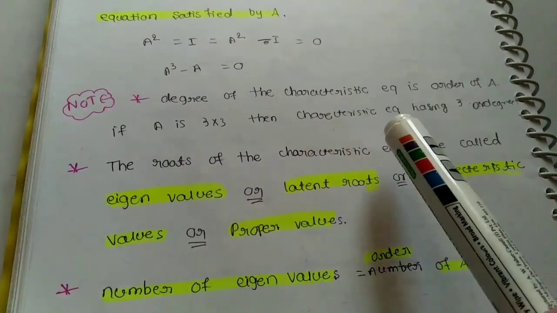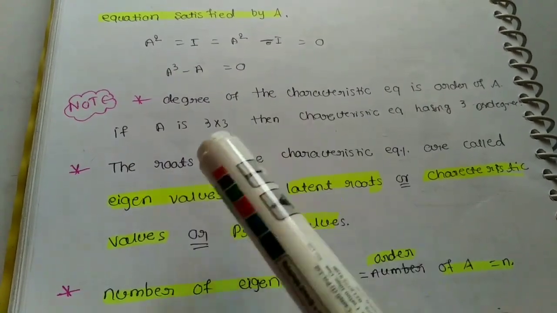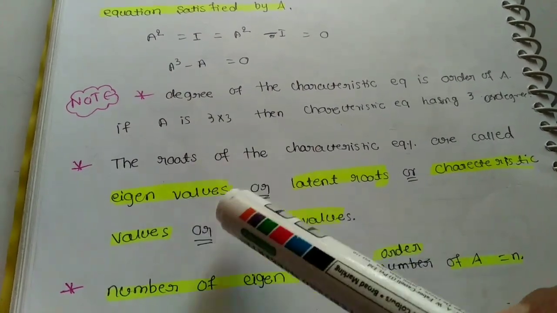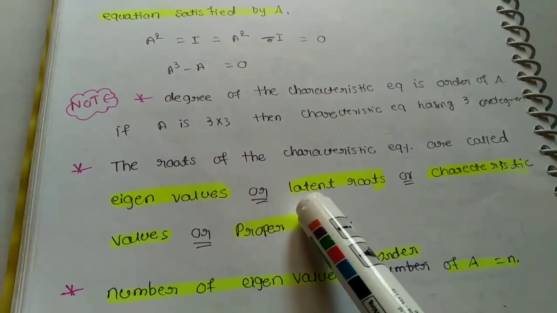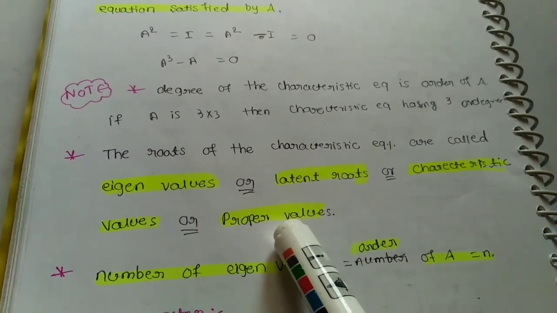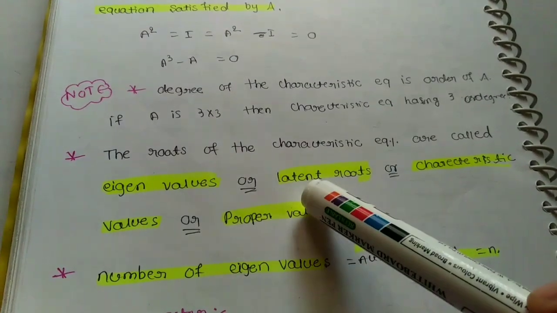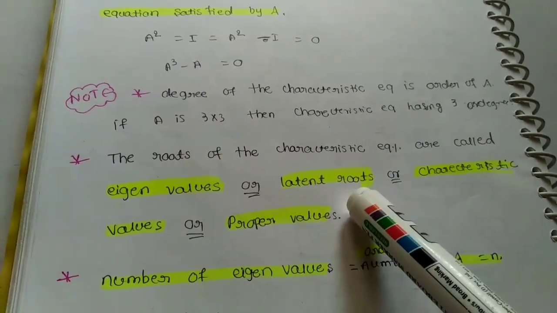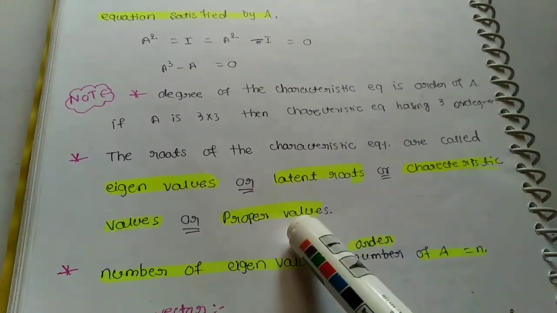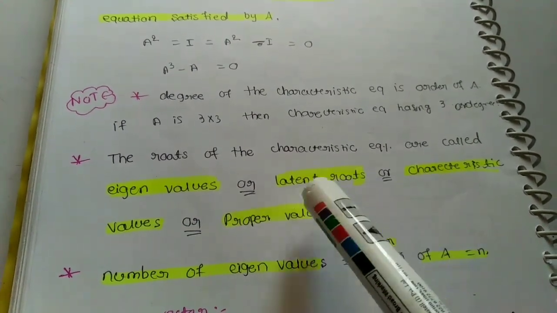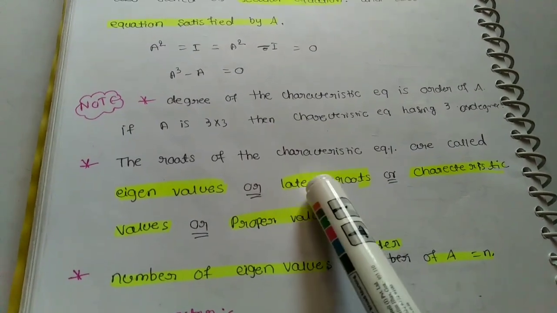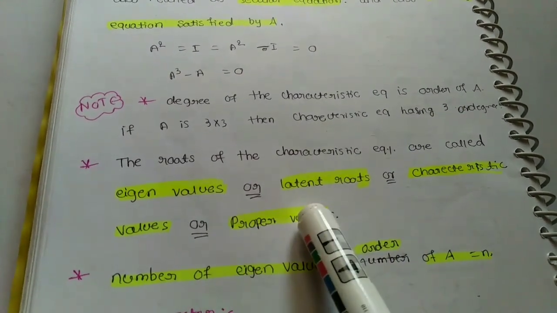Usually in an examination, if they ask for eigenvalues, you can easily find them. But if they use the words latent roots, characteristic values or proper values and we don't know the meaning, then we fail to solve those examples. So just look here, guys. These latent roots, characteristic values and proper values are all nothing but eigenvalues.